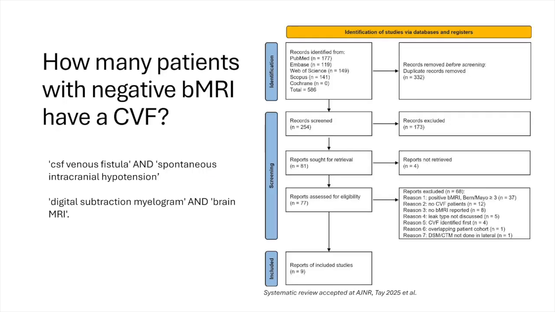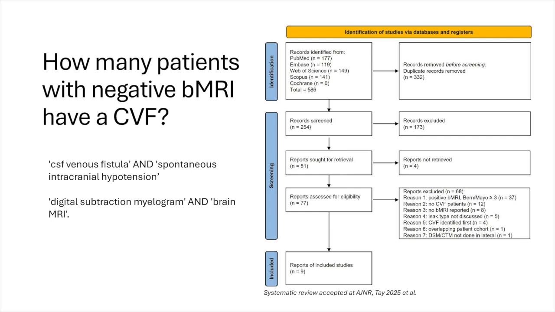Well, we went through 5 databases: PubMed, Embase, Web of Science, Scopus, and Cochrane, and we searched CSF venous fistula and spontaneous intracranial hypotension, DSM, and brain MRI, and we found 586 papers.